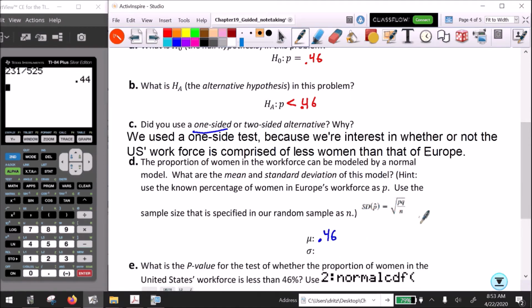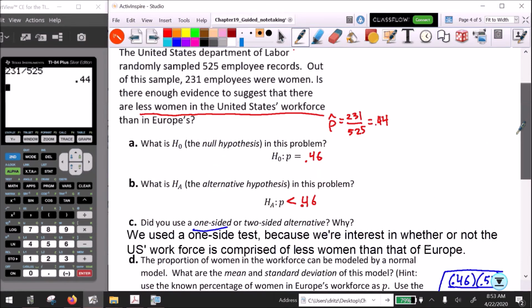And for the standard deviation of P hat, P is 46%, Q is the complement of that, or 54%, and our sample size N was 525.